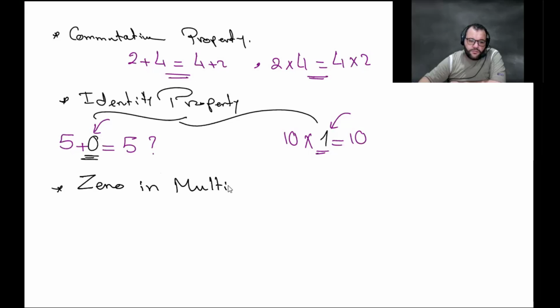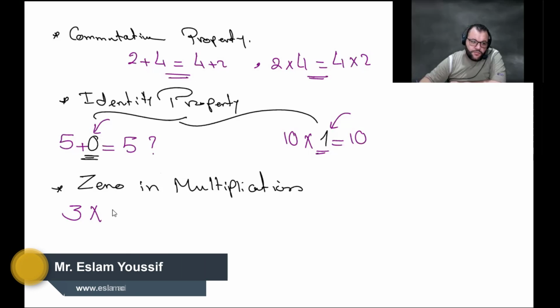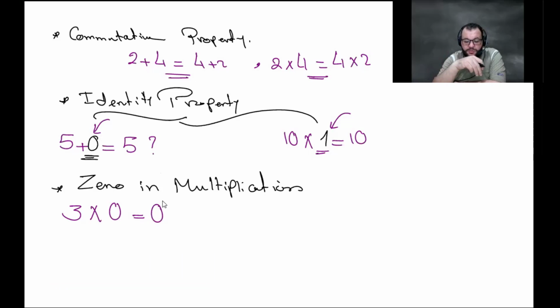Yeah, it is like when I say 3 multiplied by 0 equals 0. So the property of 0 in multiplication is that if you multiply any number by 0, the answer will be 0. Okay, thanks.